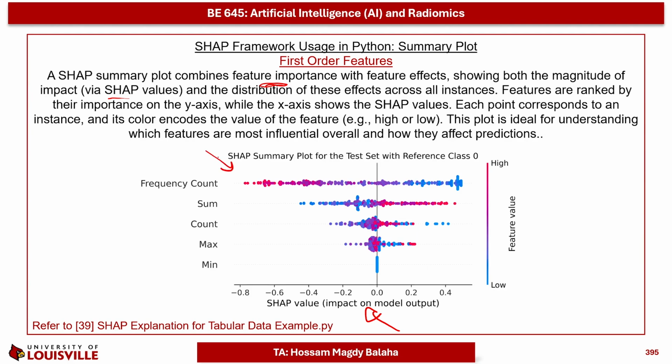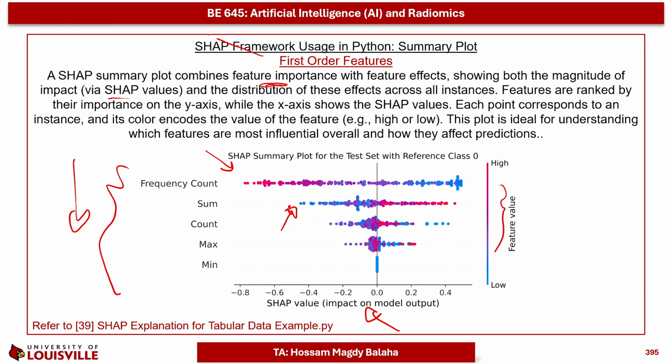On the y-axis, the features are ranked by their importance from top to bottom, and the x-axis, as mentioned, contains the different SHAP values. Each point corresponds to an instance, and the color encodes the value of the feature, whether it's high or low, and here are the intermediate values, so we can understand which features are most influential overall and how they affect the predictions.